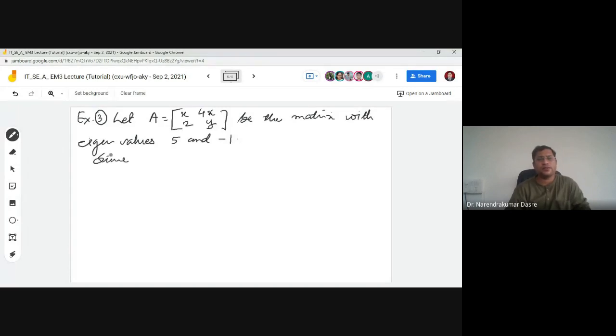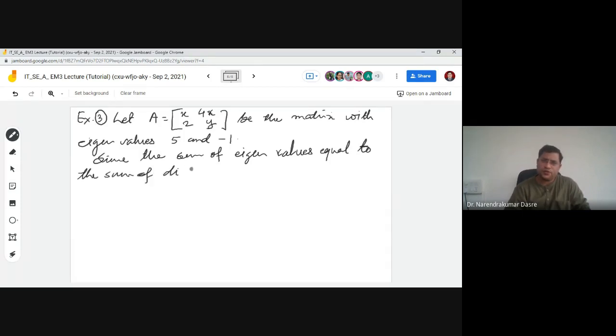So what we know is, since the sum of eigenvalues is equal to the sum of diagonal elements of the matrix, hence we have x plus y is equal to 5 minus 1.